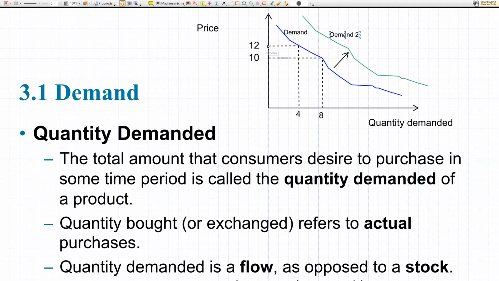So before, for a price of 12, people would have bought 4. And now for a price of 12, people would buy maybe 12 units. Does that make sense? Yeah, that absolutely makes sense.